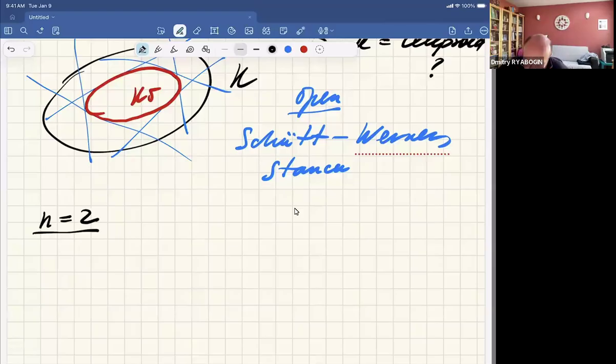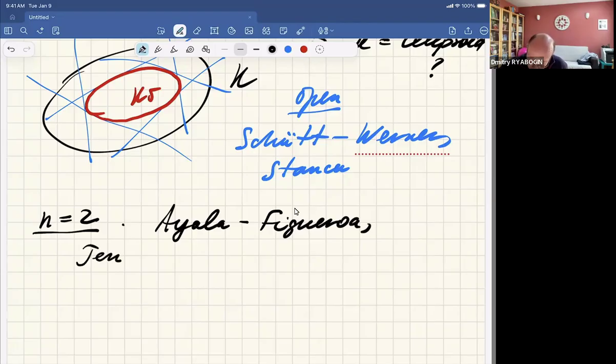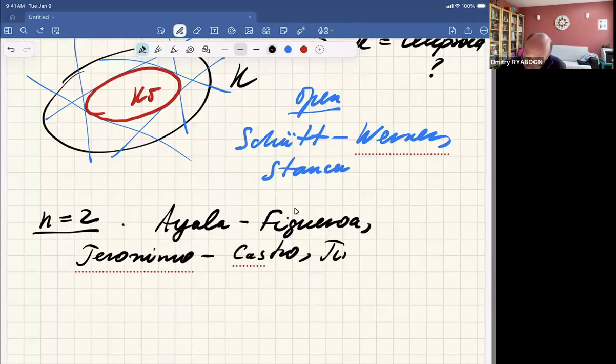Okay, so n is equal to 2. There are 3 guys who gave an absolutely gorgeous proof. Let me find their names. So Ayala, Figueroa, Hieronymo Castro, and Jimenez Lopez.